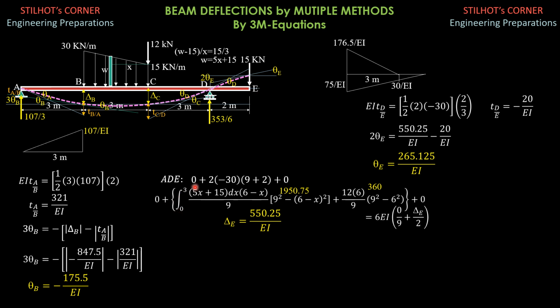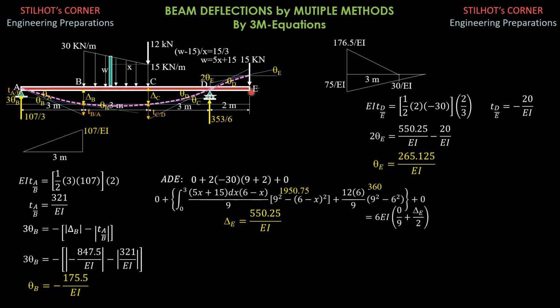So 3 moment equation on ADE: the moment at A is 0, plus 2 times moment at B, which is negative 30, times quantity LAD over I, so I is just 1, I2 or I in BE is also 1, where LAD is 9, so 9 over 1, plus LDE 2 over 1.